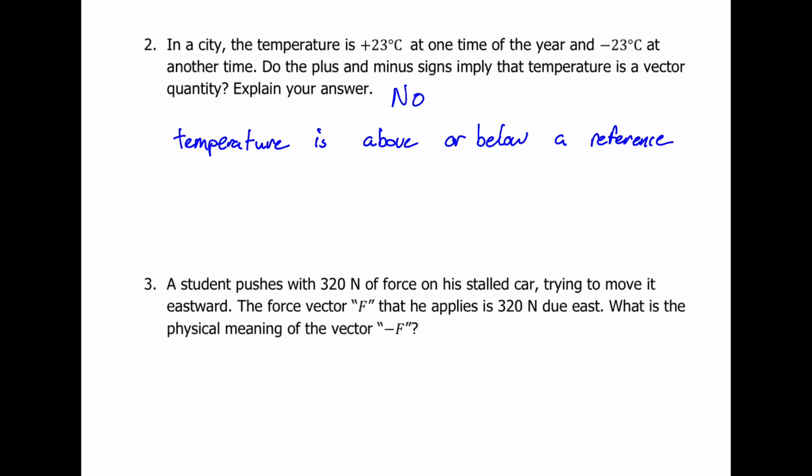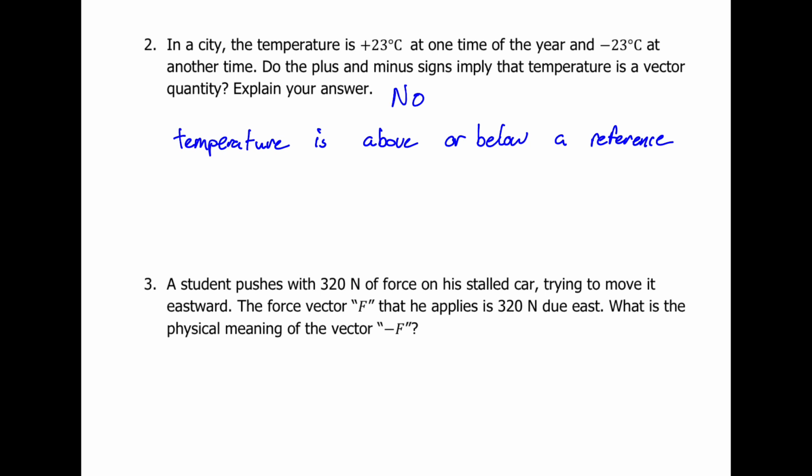We're using these phrasings because the physical thermometer, the little liquid, is going up or the liquid is going down. That's actually the vector. The vector is that liquid's position is changing. It went from an up position to a down position. It changed positions. That change could be argued is a vector, right? The distance between the beginning temperature reading and the end temperature reading can be a vector.